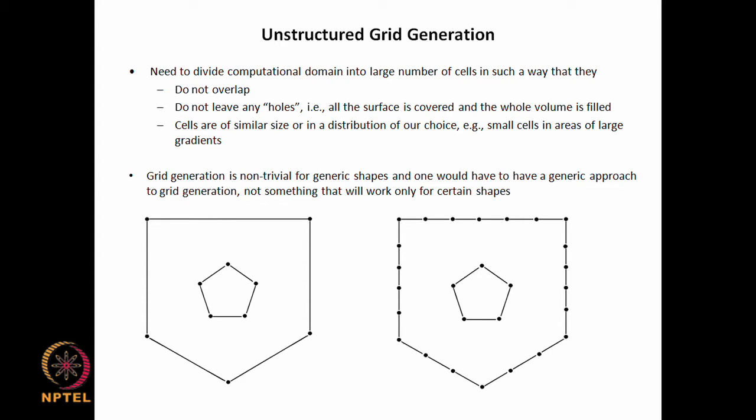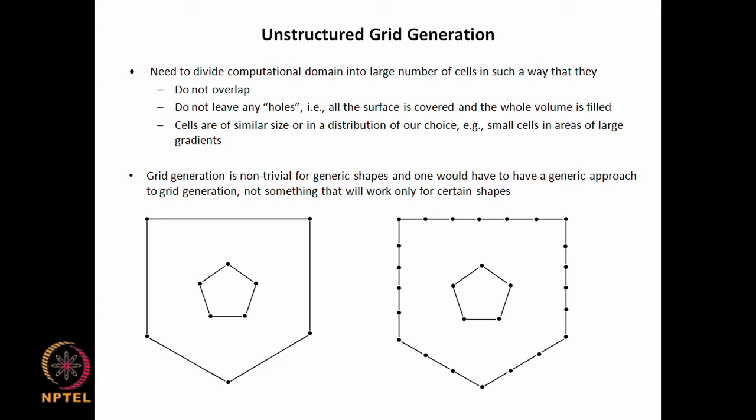When you look at grid generation, we need to have the basic theme incorporated in a procedure, which is to divide the computational domain into large number of small cells, and this is to be done in such a way that the cells do not overlap, they do not leave out any holes, that is, all the bounding surface should be covered without any gaps.